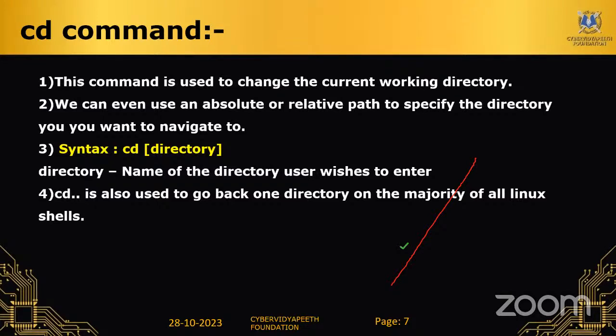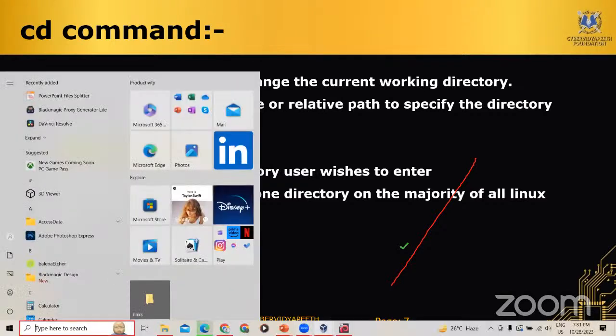We can provide an absolute path for the directory, or we can provide a relative path. We will learn ahead what an absolute path and a relative path are. So let's try this command also.